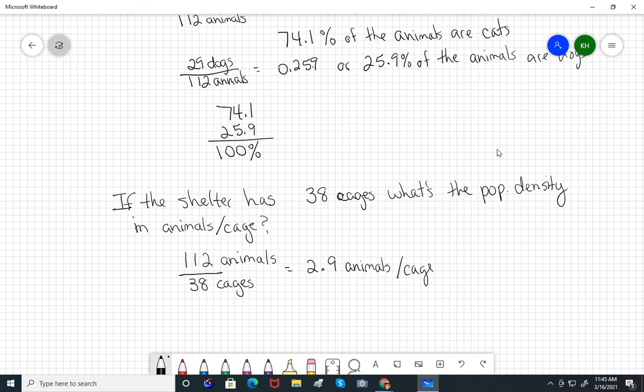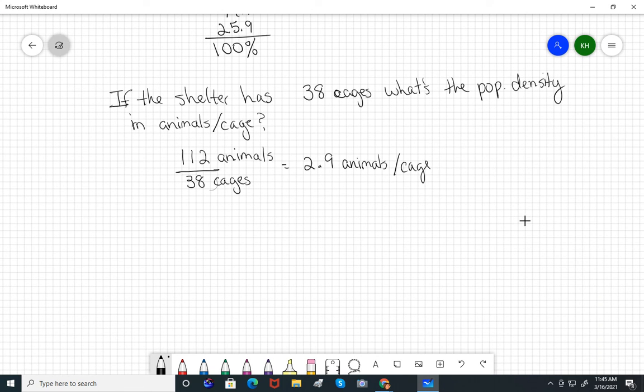Okay, so the important thing to remember with ratios is you're just comparing two things. You want to be able to label them so you know what you're comparing. Most of the time, we will just take this and divide it out. However, there are other ways we could write this 2.9 animals per cage. If I want to, I can divide the numerator by 112 and say there's one animal, and then I can divide the bottom by 112.